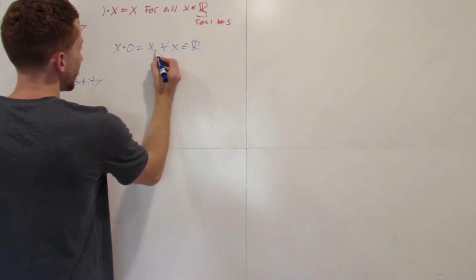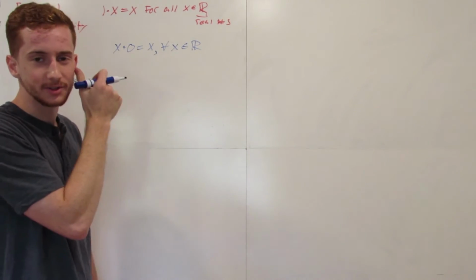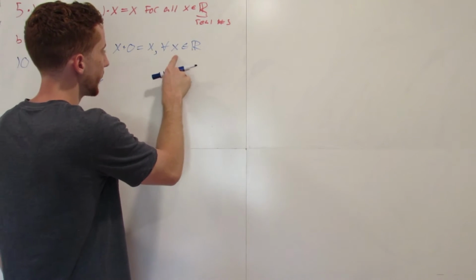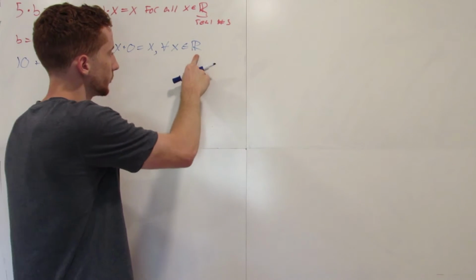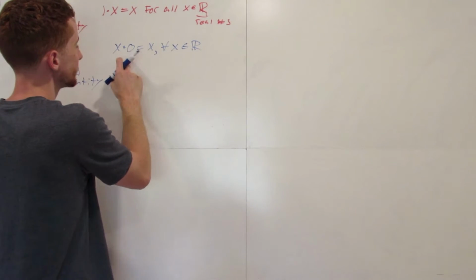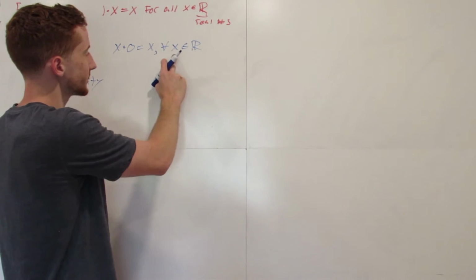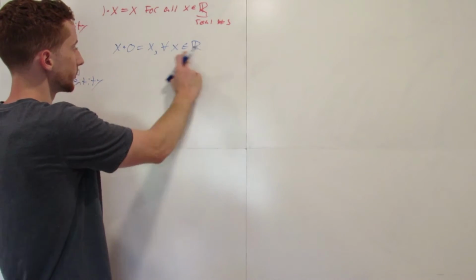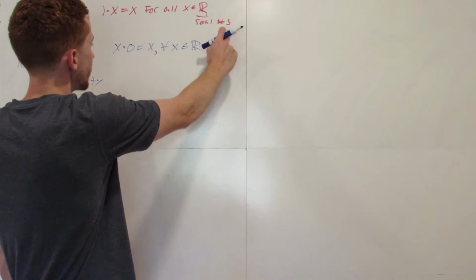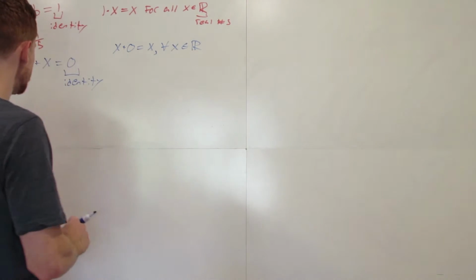This is just fancy math notation that you'll learn in 2500. It essentially just means for every x that is a real number, x plus 0 is x. That's all. This is just a condensed way to write that out instead of writing it all in words.